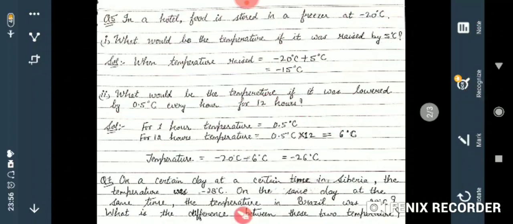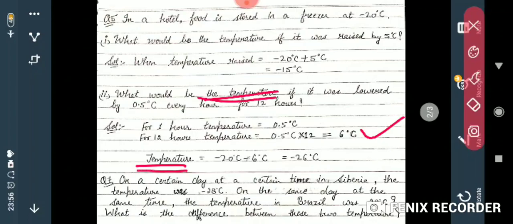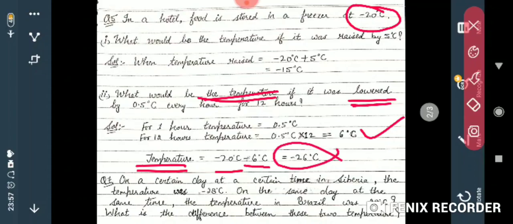Multiply. So the decrease is 6 degrees Celsius. Now what would be the temperature? Earlier it was -20 degrees Celsius. Since the temperature is lowered, you will decrease by 6 degrees Celsius. When you add -20 degrees Celsius and -6 degrees Celsius, you will get -26 degrees Celsius.